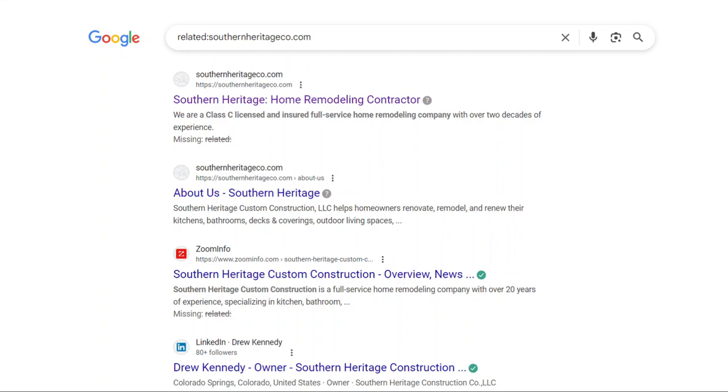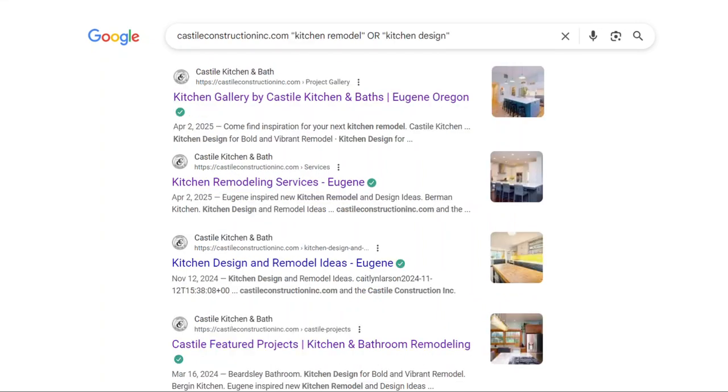But now let's be even more strategic. In this particular case, there's a company that we've featured many times called Castile Construction Inc. When we are researching the keywords, in this case permutations of kitchen remodel and kitchen design, Google immediately comes up with these references. Would you like to learn about kitchens in their project gallery?